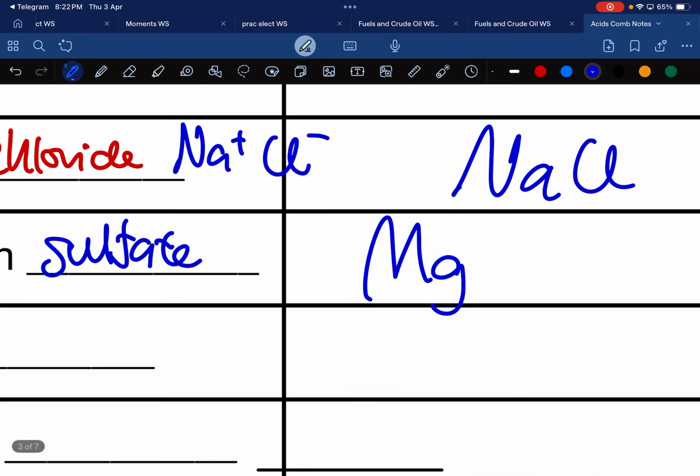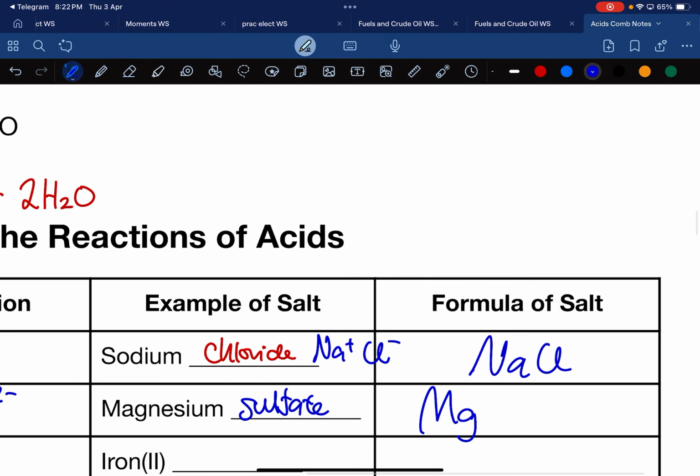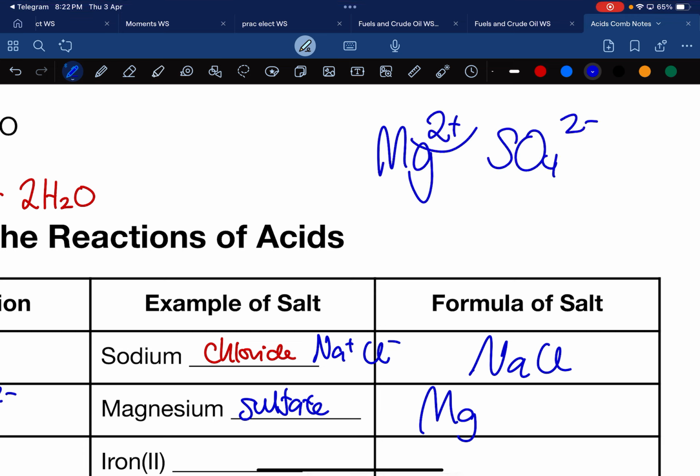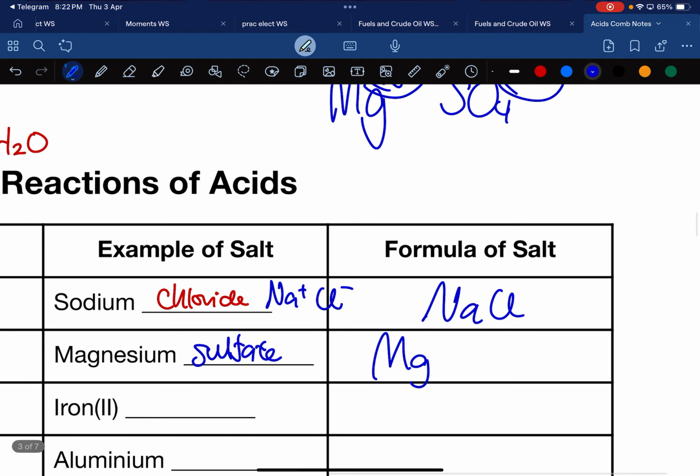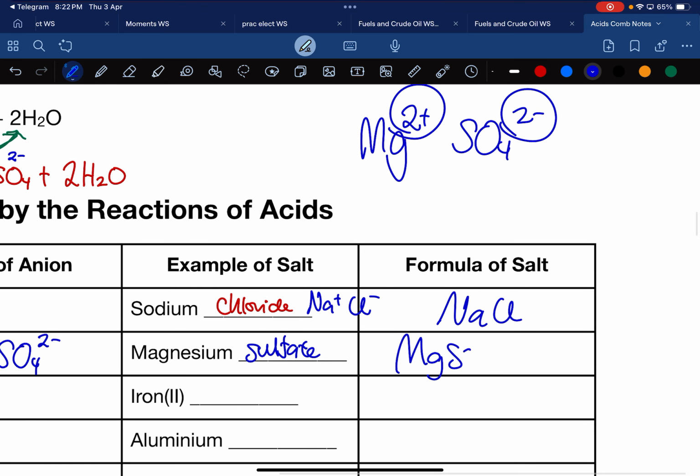Why 2? Okay, your Mg is 2 plus charge. Sulfate is 2 minus. Plus 2, minus 2, need to do anything? They have the same charge. You don't need to have any different number of your Mg or SO4. Just write like this. Finish. Are we okay?